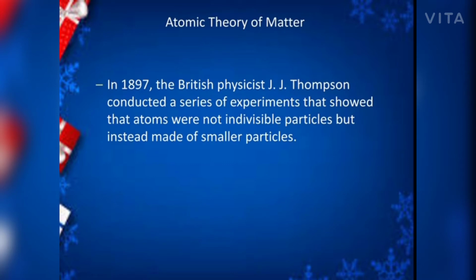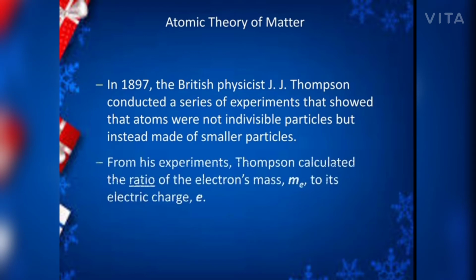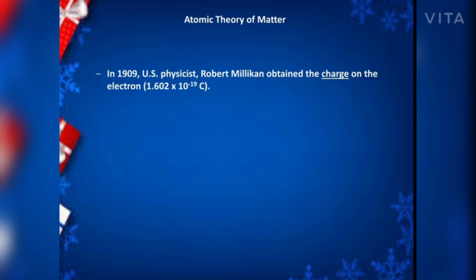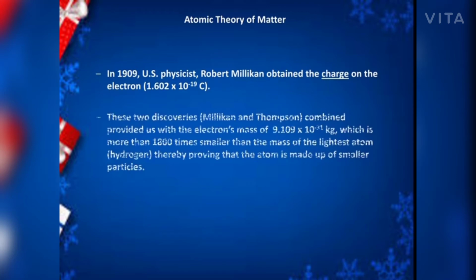But in 1897, British physicist J.J. Thomson conducted a series of experiments that showed that atoms were not indivisible particles, but instead made up of smaller particles. From his experiment, Thomson calculated the ratio of the electron's mass, that is m_e, to its electric charge e. Next, Robert Millikan obtained the charge on the electron also.